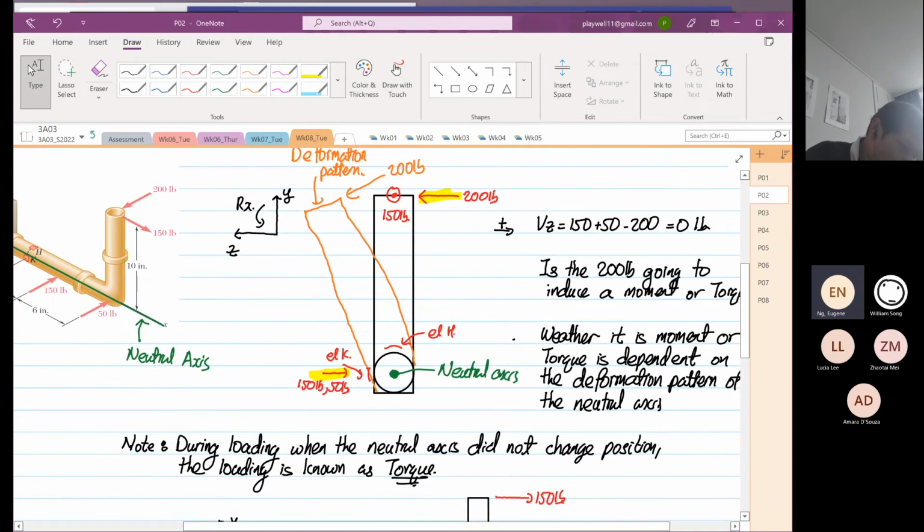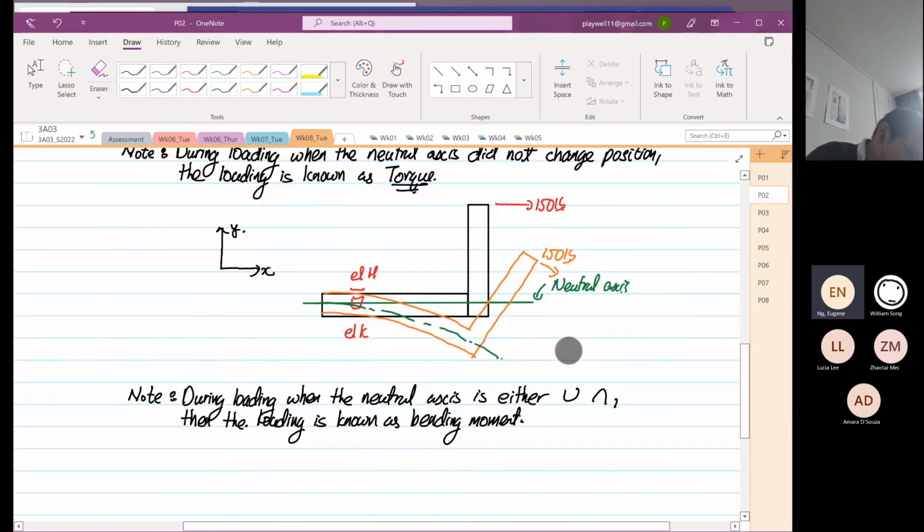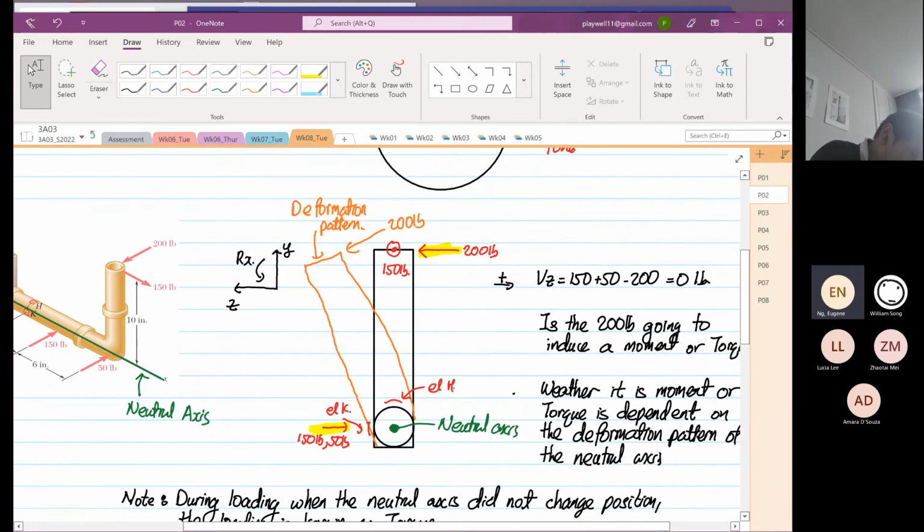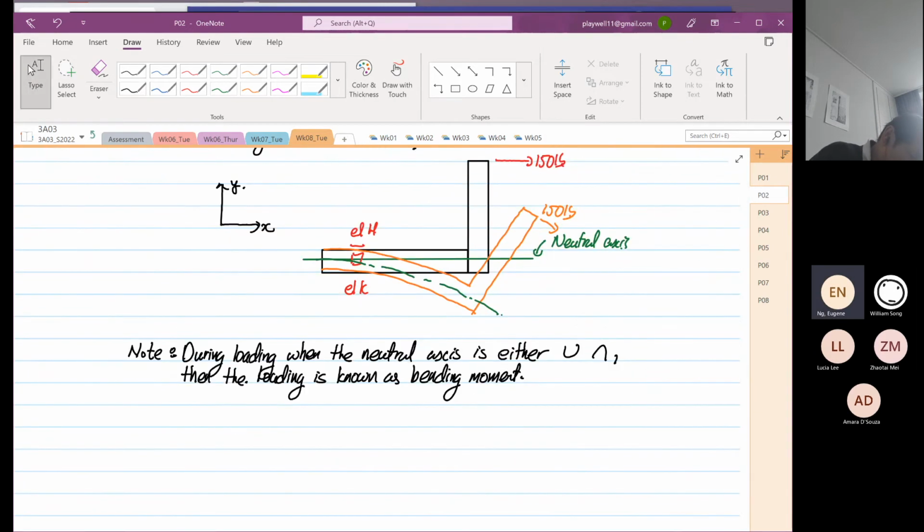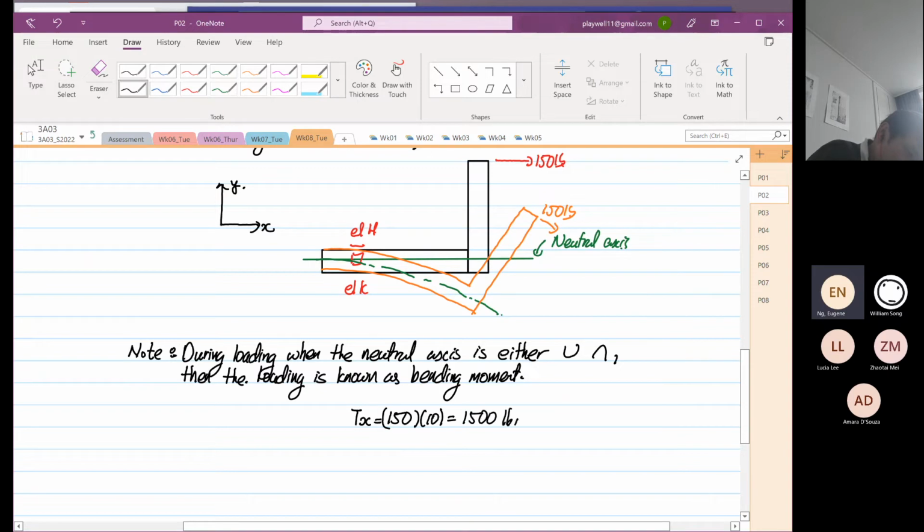The torque is applied in the x direction. So finally you have Tx equal to 150 multiplied by 10, is equal to 1,500 pound-inch.